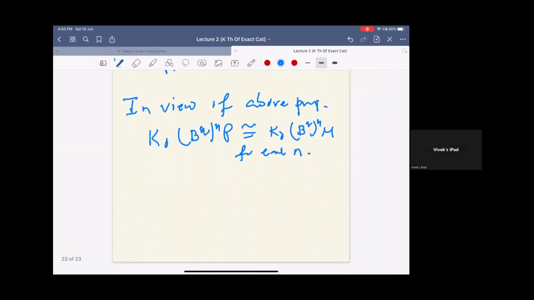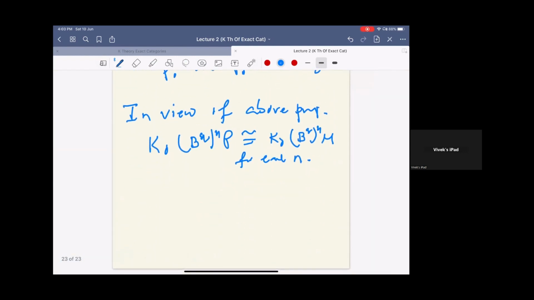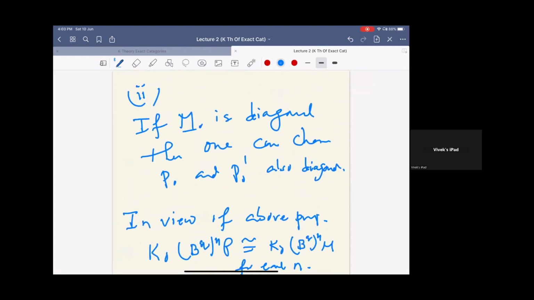So then K0 of BQN rho is isomorphic to K0 of BQN M for every N. Now what do we have to check? These Kn groups are taken modulo the diagonal part, so we have to check whether this isomorphism respects the diagonal. And that is easy because the second property says the following: if M dot is diagonal, then P dot and P dot prime are also diagonal.